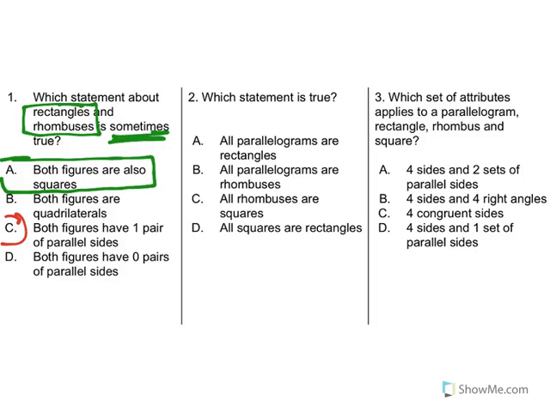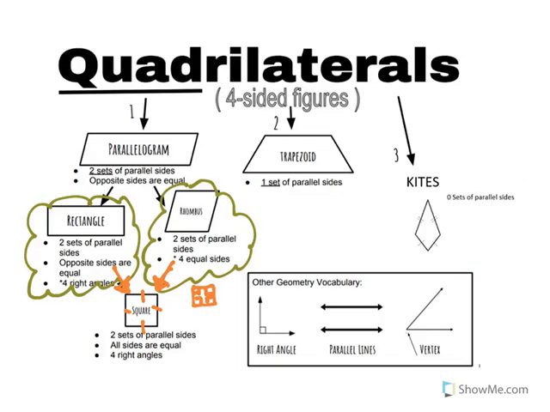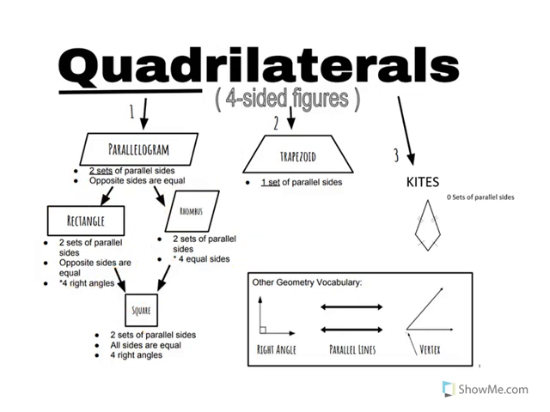Number 2, which statement is true? The correct answer here was D. All squares are rectangles. Let's look and see why. When I look at squares, okay, squares come from the rectangle family.